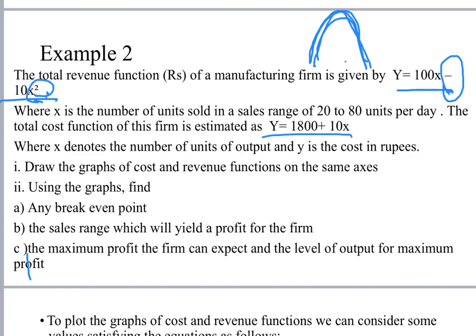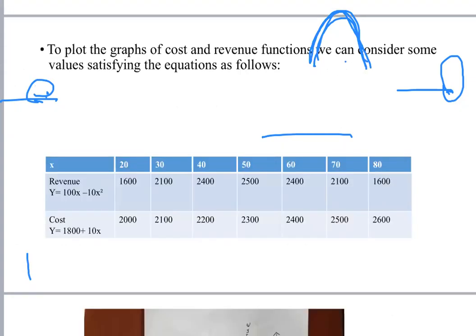So when we draw this on the graph, have they given some range? No. So anyway, shall we take reasonable values?